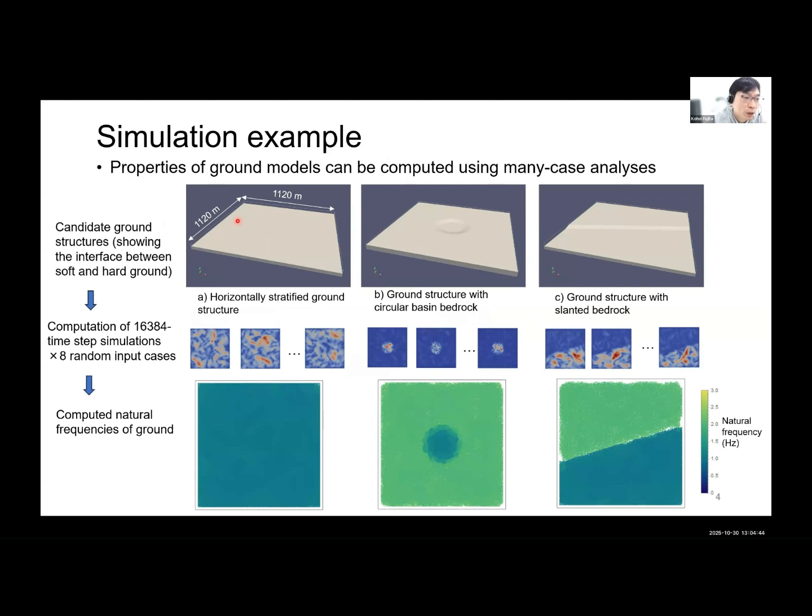One underground structure is a horizontally stratified ground structure, one with a circular basin and one with a slanted bedrock. If we do many cases of simulation, we can compute the natural frequency of the ground, and we can compare this with the observation and select the best matching ground structure, even without directly observing underneath the ground.